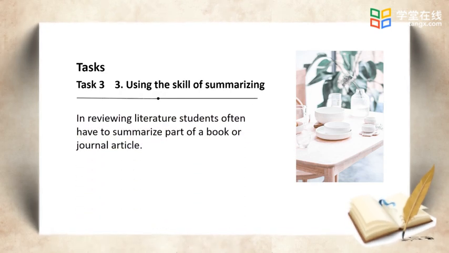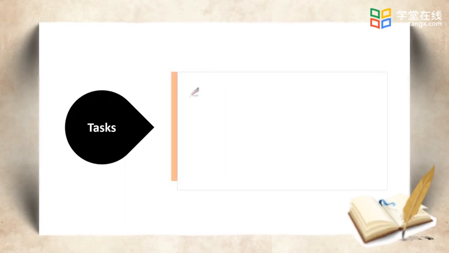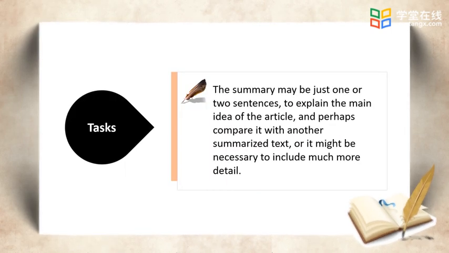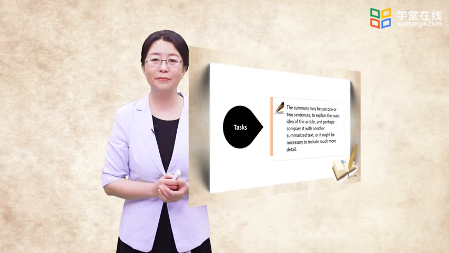In reviewing literature, students often have to summarize part of a book or journal article. The summary may be just 1 or 2 sentences to explain the main idea of the article and perhaps compare it with another summarized text, or it might be necessary to include much more detail.